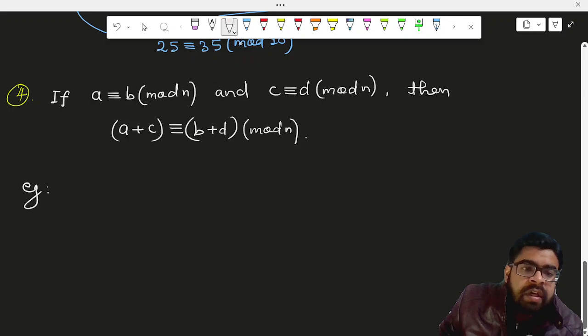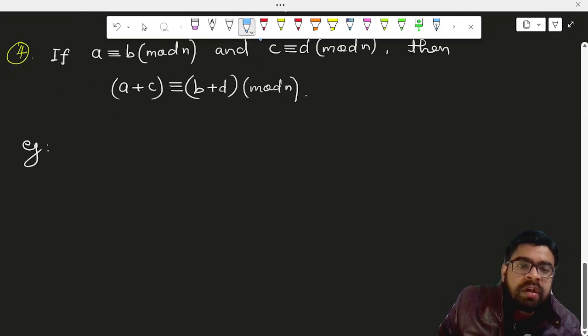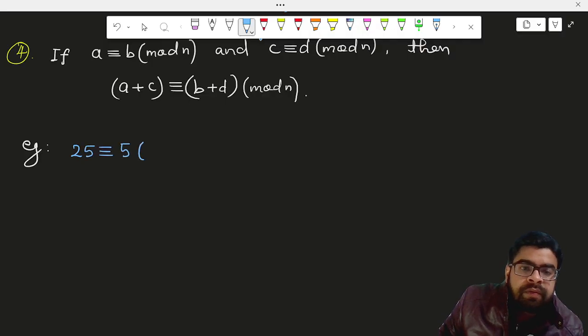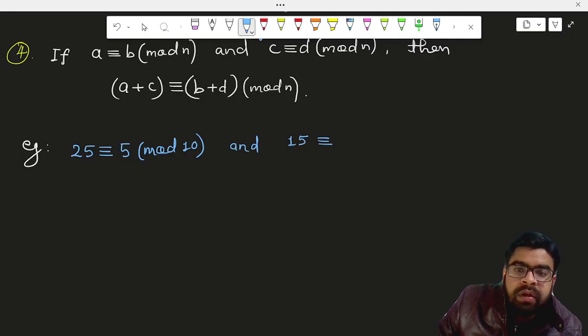For example, suppose we take 25 congruent to 5 modulo 10 and 15 congruent to 5 modulo 10.